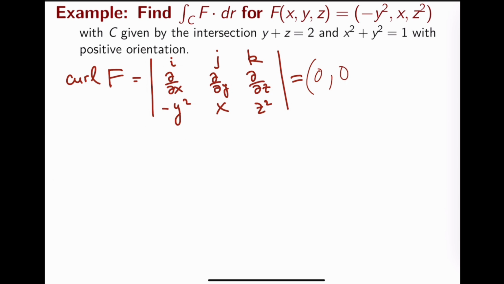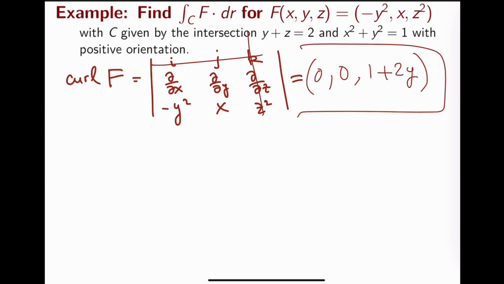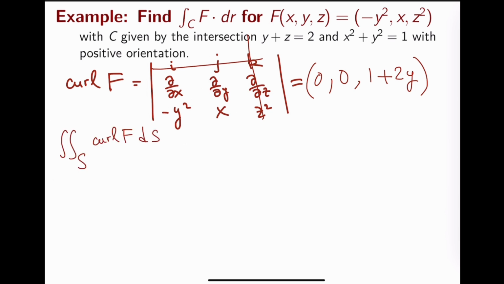So the second component will be 0. And the third one is going to be the derivative with respect to x of x, which is 1, minus the derivative with respect to y of minus y squared, that is going to be minus 2y. So this is the curl of f.